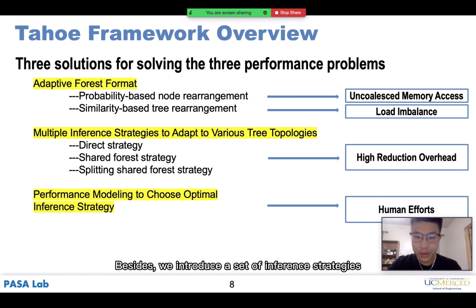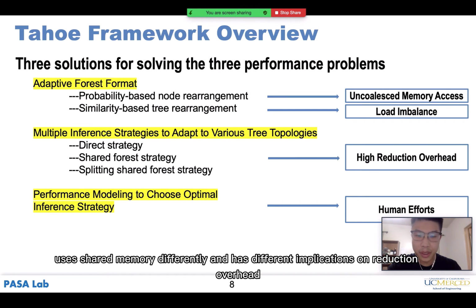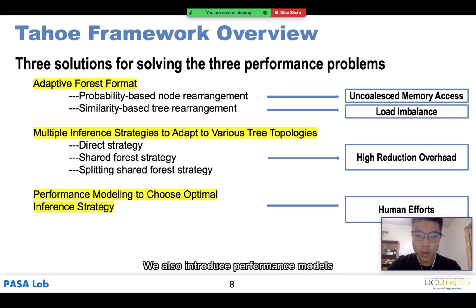Besides, we introduced a set of inference structures, each of which uses shared memory differently and has different implications on reduction overhead. We also introduced performance models to guide the selection of inference structures. Then we will introduce them in detail.